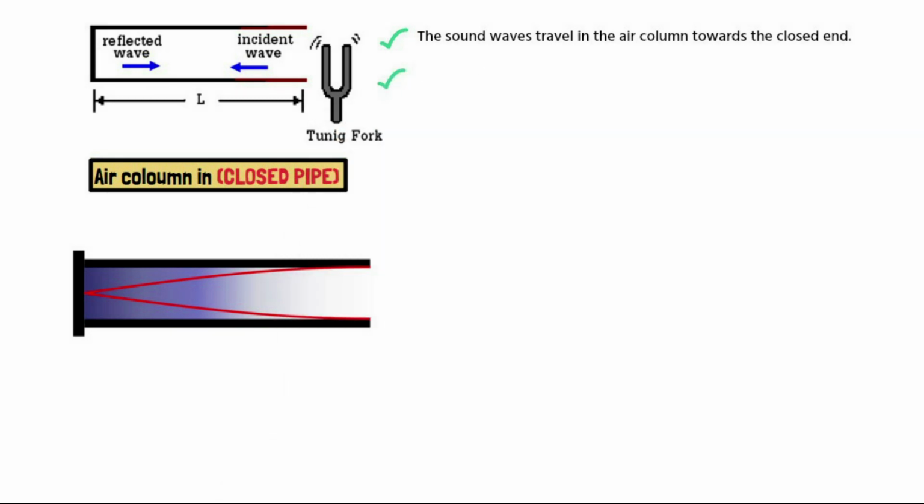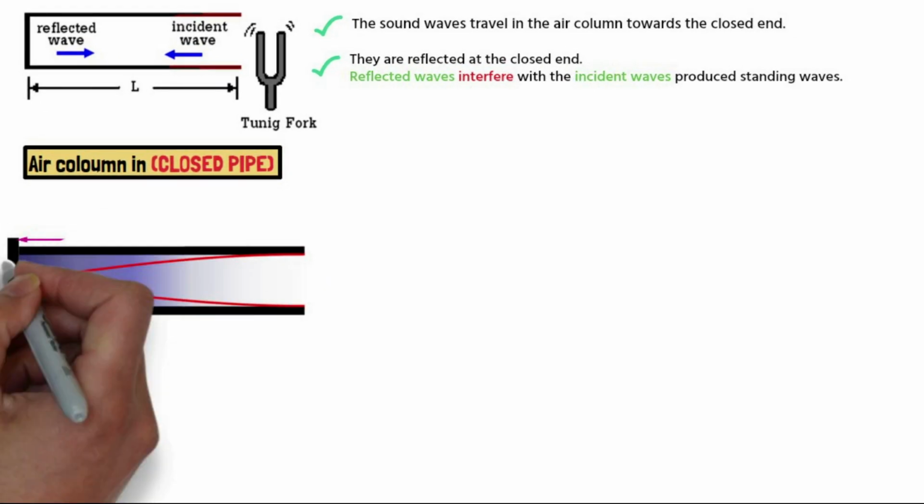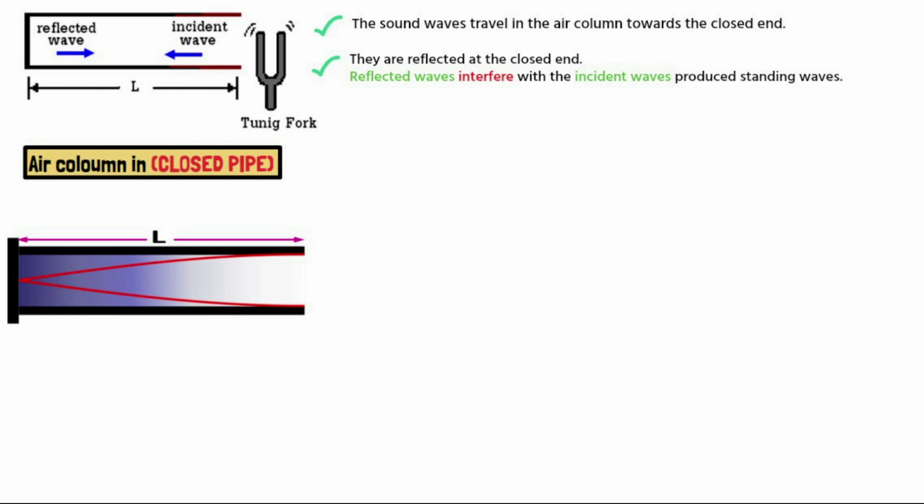Alright, and it will interfere with the incident wave tadi. Okay, so for the second point, they are reflected at this closed end. Yes, the sound wave will be reflected at the closed end, and the reflected wave interferes with the incident wave, so it will produce a standing wave in the closed pipe. So this is the length of the pipe. Macam biasa, kita labelkan sebagai L.